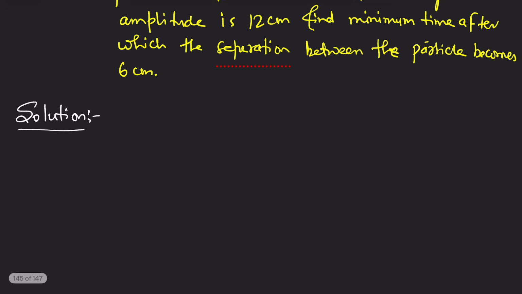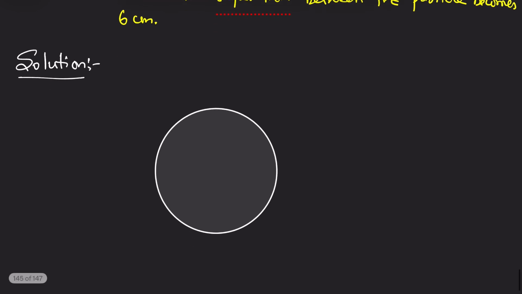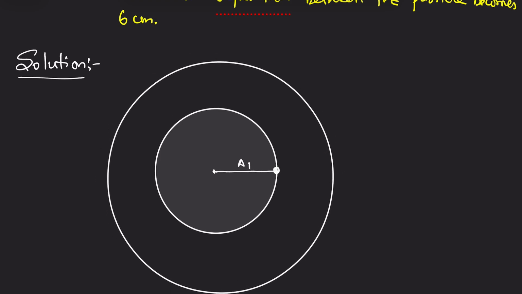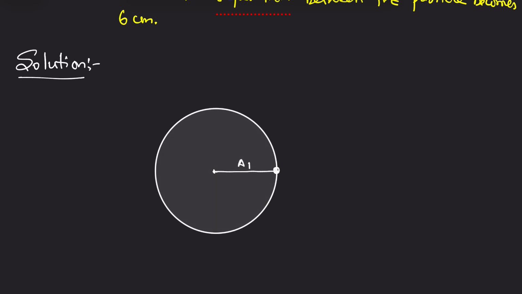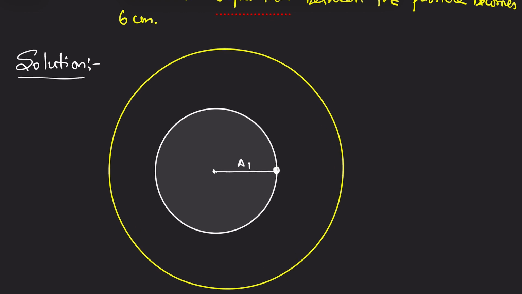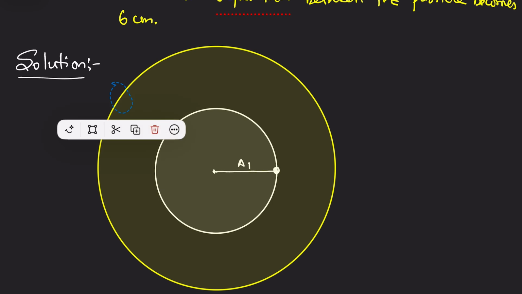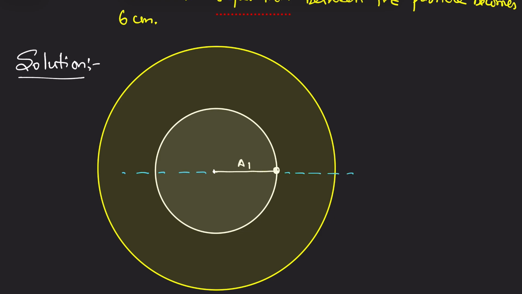So if I draw, I'll draw it this way. There is one particle at its positive extreme, this is A1, and the other one is also here at its positive extreme, this is A2.